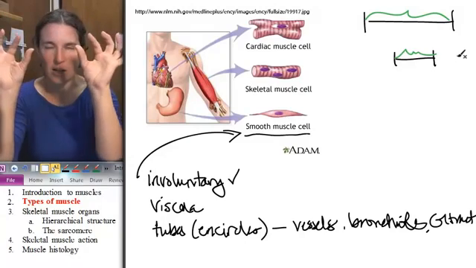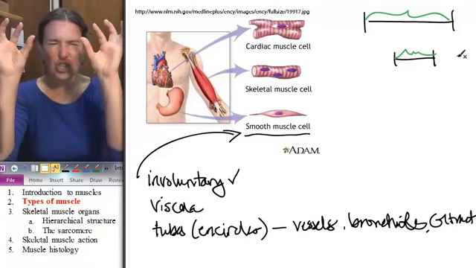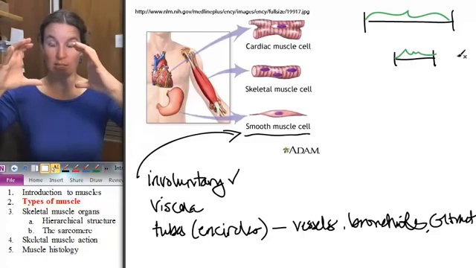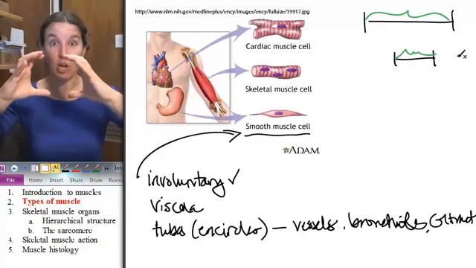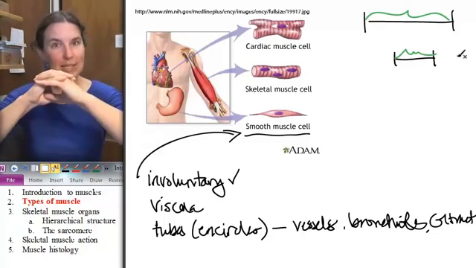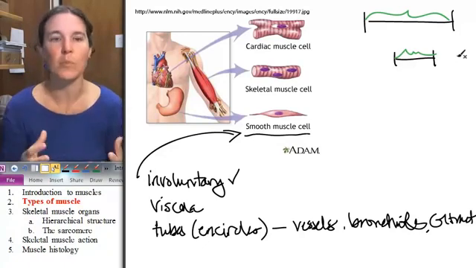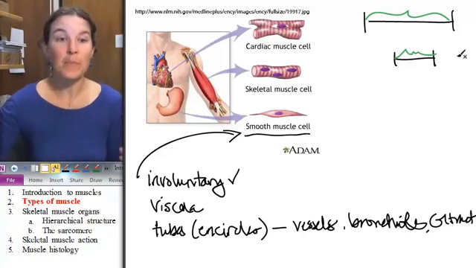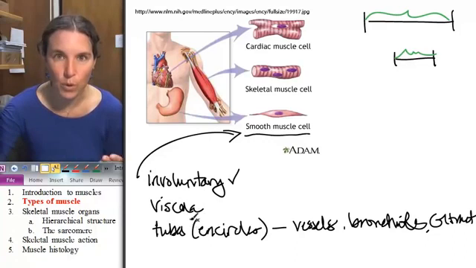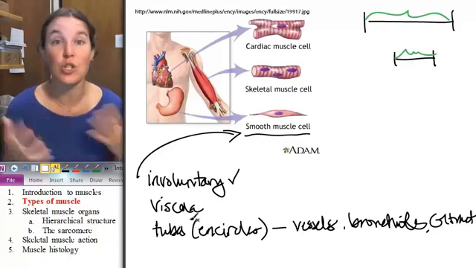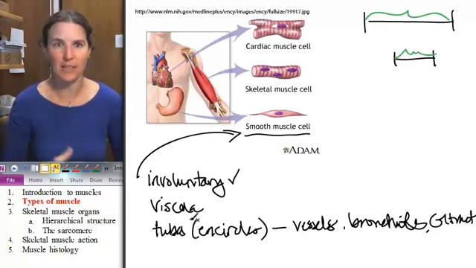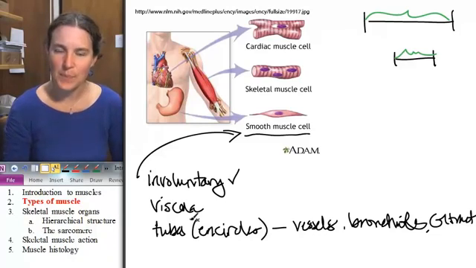So this outer layer shortens, and it increases the diameter. The inner layer shortens, and it decreases the diameter of my tube. This is a mechanism that smooth muscle employs to change the diameter of tubes all over the place in your guts. Fantastic.